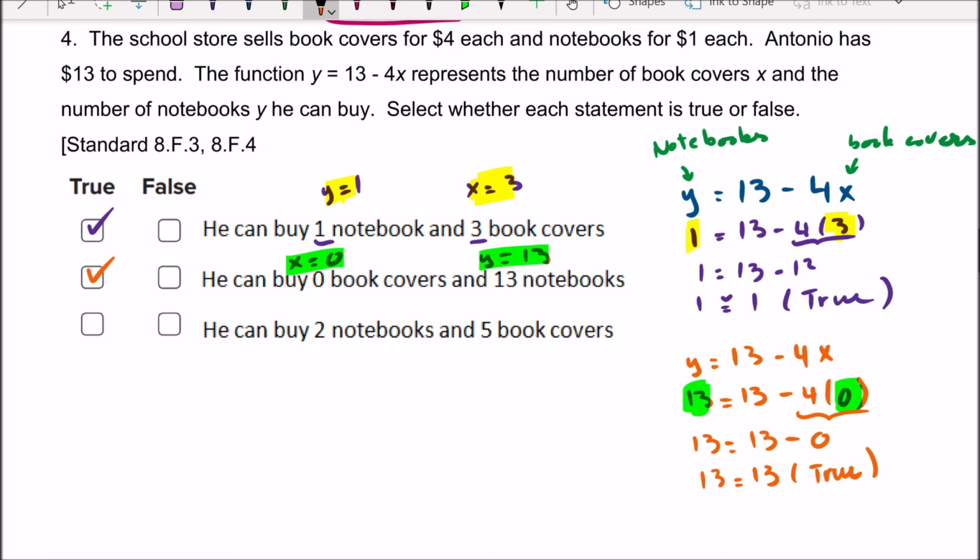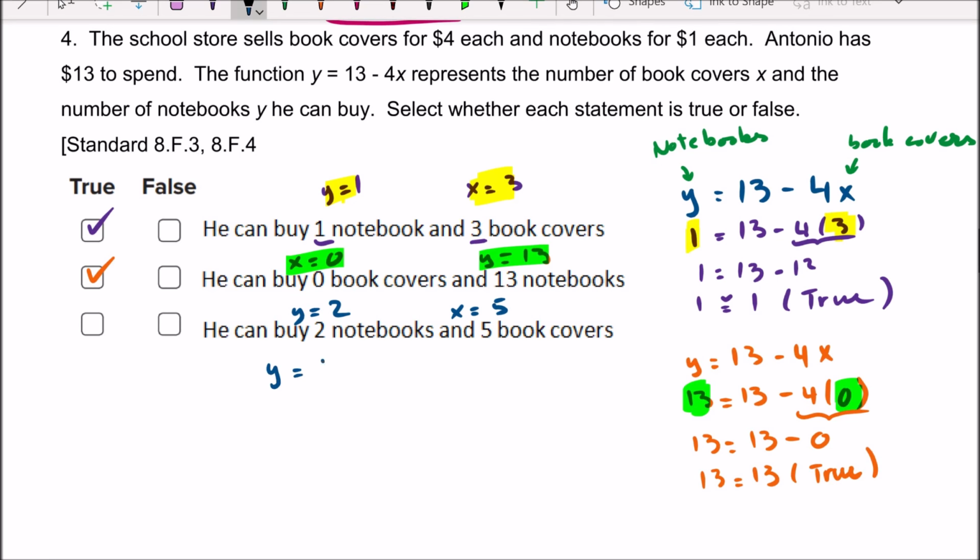Same thing for the last statement: he can buy 2 notebooks and 5 book covers. Notebook is my y, so y equal to 2, and book cover is my x, so x equal to 5.